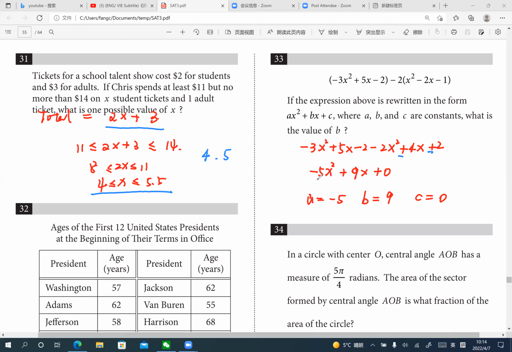Then combine the like terms. a, which represents the coefficient of x squared, is equal to negative 4, and b, which represents the coefficient of x, is 7, and c equals negative 1. So the value of b is 7.